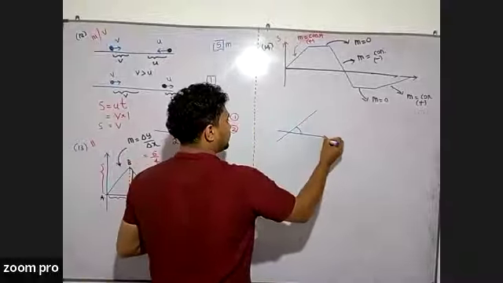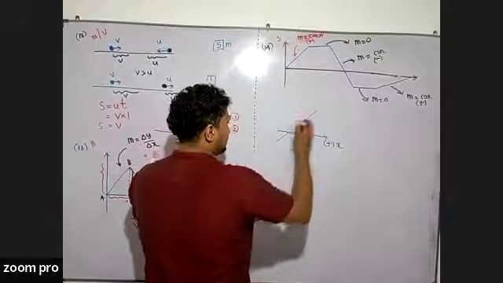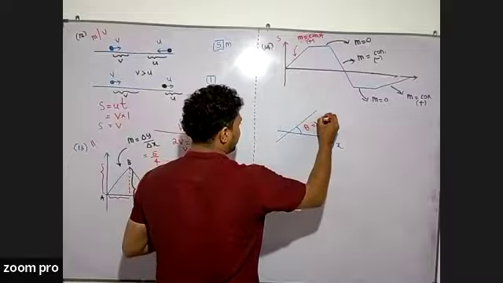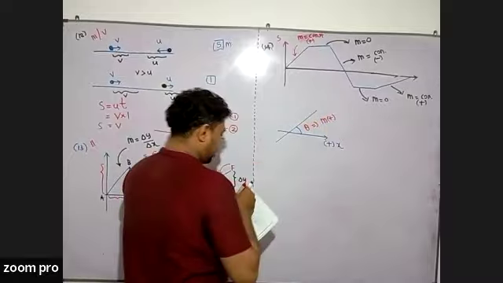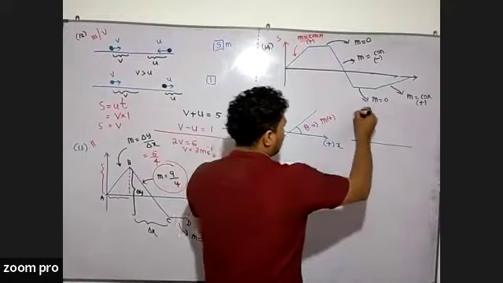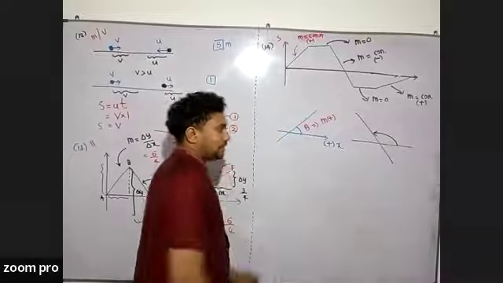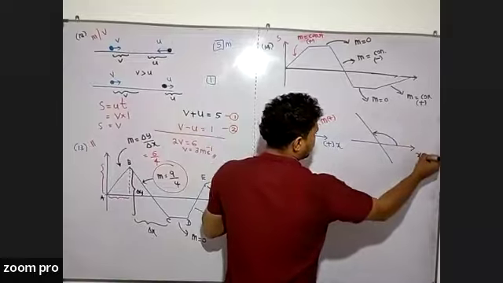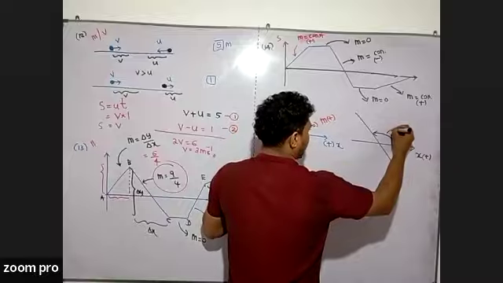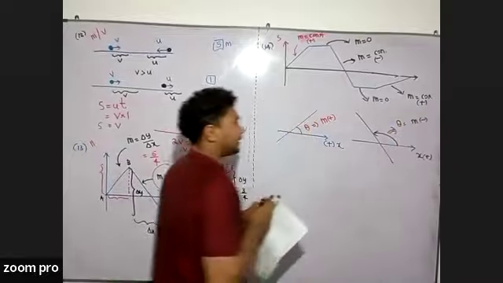So this is the positive direction of the x-axis, and if this angle is acute, the gradient should be positive. If the graph is given like that, this is the angle subtended with the positive direction of the x-axis and it is an obtuse angle.